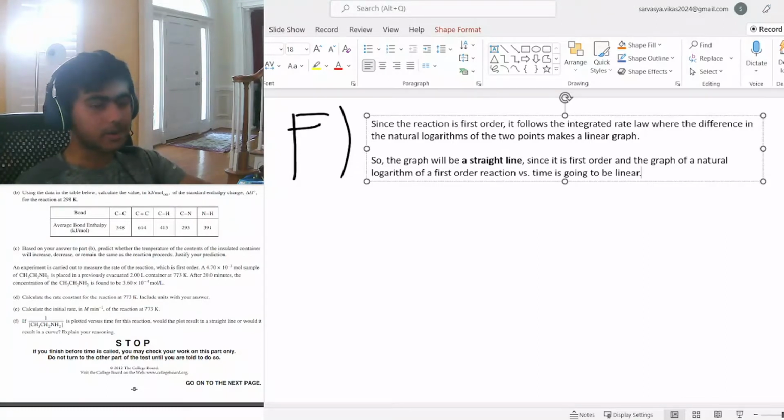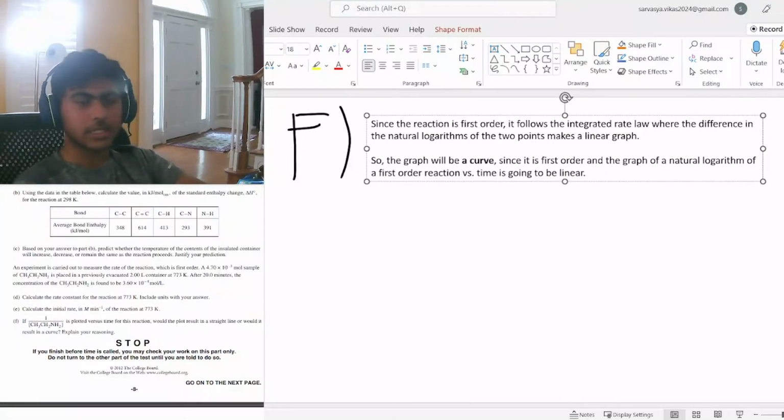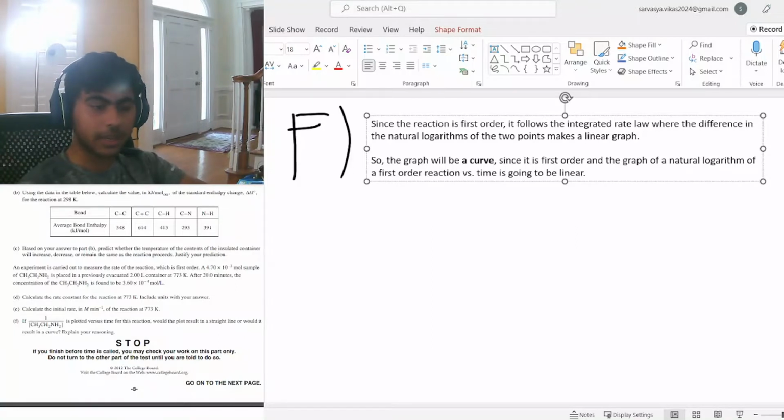This is where you need to really look at the question. Because usually when they give you these kinds of questions, they'll give you the right version. But this is not the right version. It follows the integrated rate law where the difference in natural logarithms makes a linear graph. This is not a natural logarithm. It's going to be a curve. The natural logarithm of a first order reaction versus time is going to be linear.